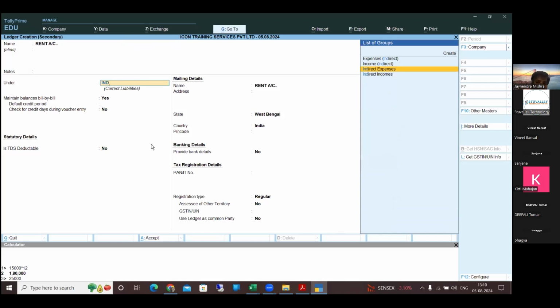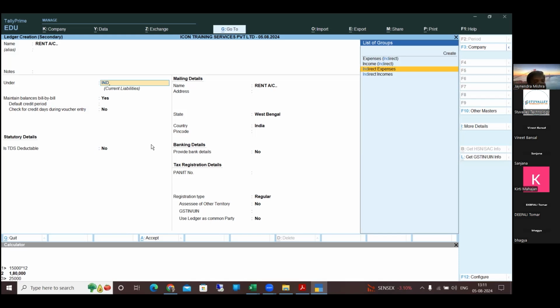Friends, there are two types of expenses: direct and indirect. What are direct expenses? Expenses incurred for production purposes, for manufacturing finished goods. That means purchase of raw material, electricity bill of the factory, and transportation charges for purchase of raw material are direct expenses.